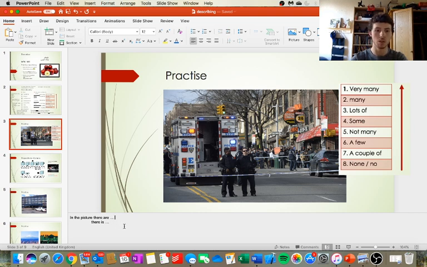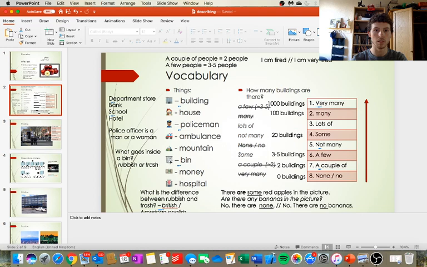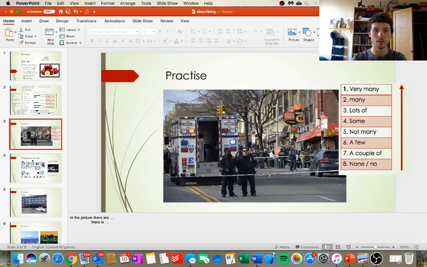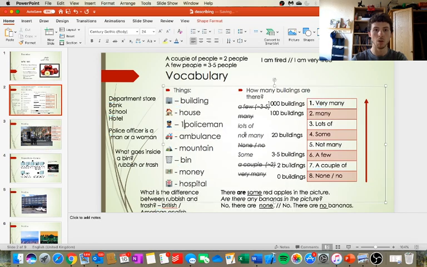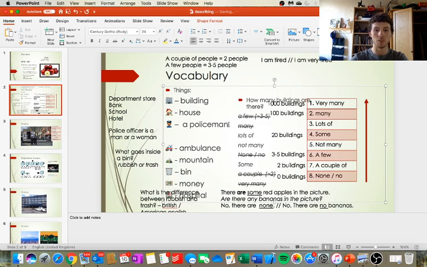So 2, remember, should be policeman. Policeman. So we have a policeman. We have 2 policemen. Men is plural, more than 1 for man. 2 policemen.